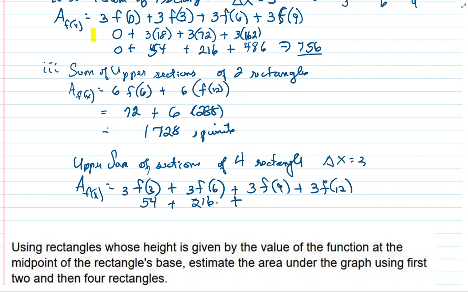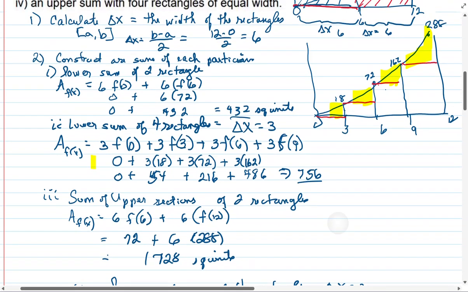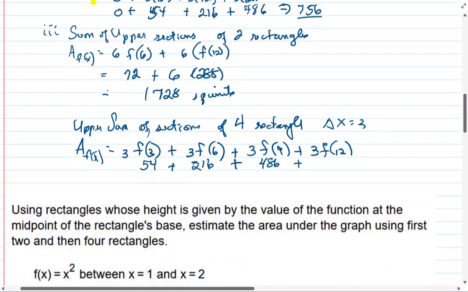I got the 3. The 6 was 216, and the 9 was 486, is what you all told me. And now we need the last one. So what is that guy? We had 288 and times 3.